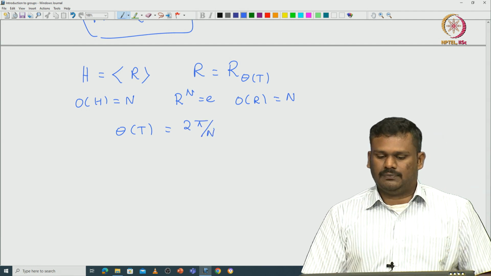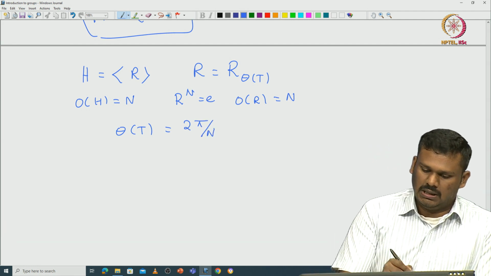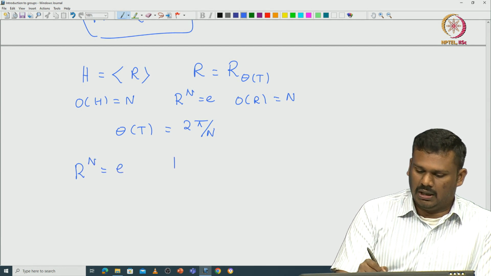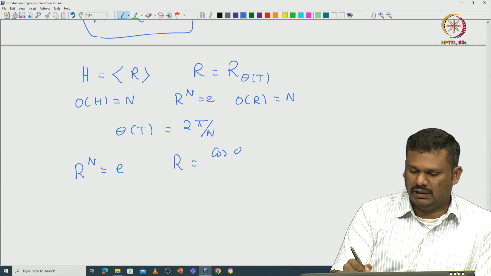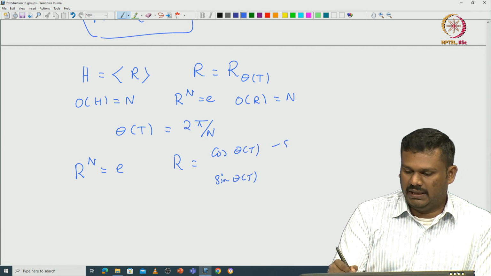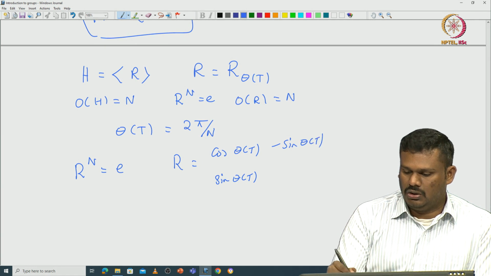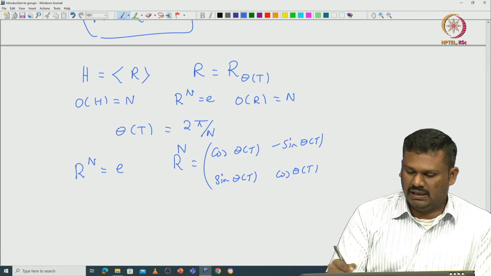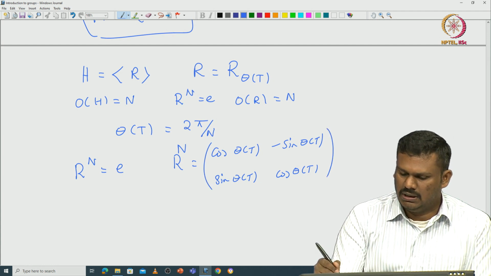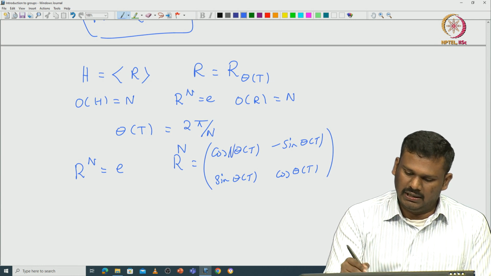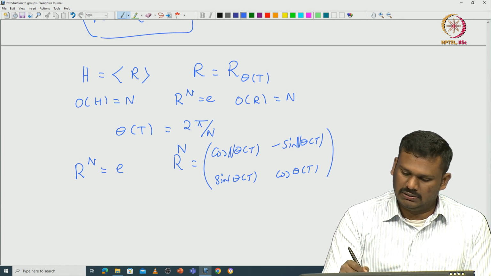There is no other option, because r power n must be identity. Okay. But r is nothing but what? Cosine theta, sin theta, minus sin theta, cosine theta. Now if you raise it to power n here, this is going to give you exactly n times theta in each entry.